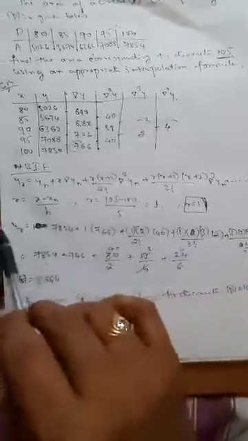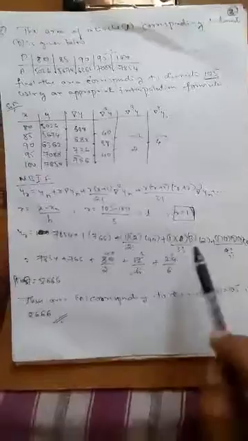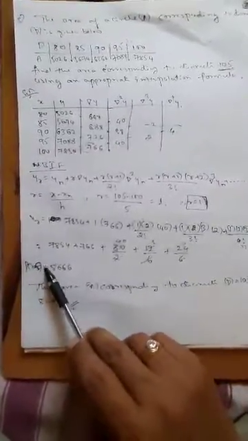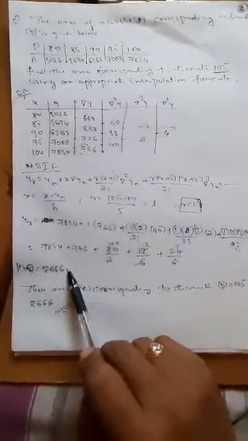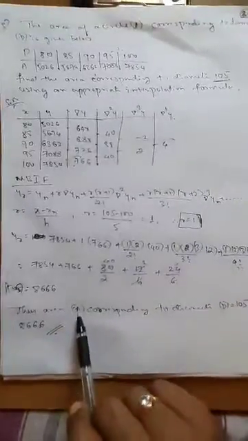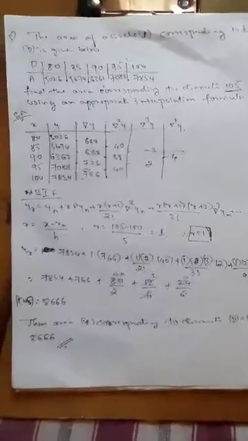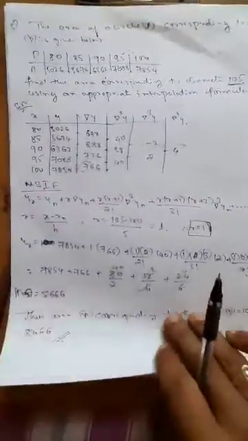Now just simplify all this by expanding the factorials. We get f of 105 equal to 8666. So the area A corresponding to the diameter D equal to 105 is 8666. Is it clear?